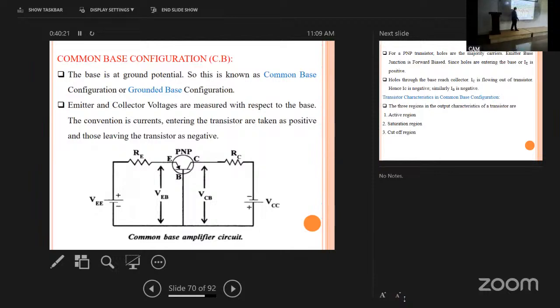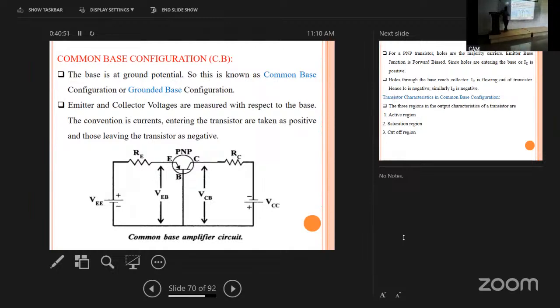How many voltages are there? The emitter-base voltage and the collector-base voltage. This is the input voltage and this is the output voltage. Input current is the emitter current, output current is the collector current. How many currents are there?